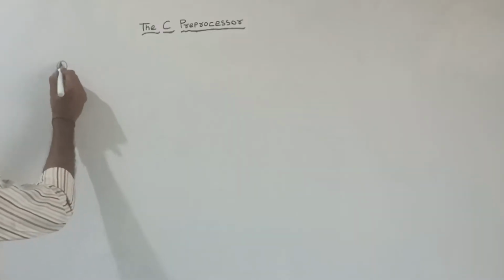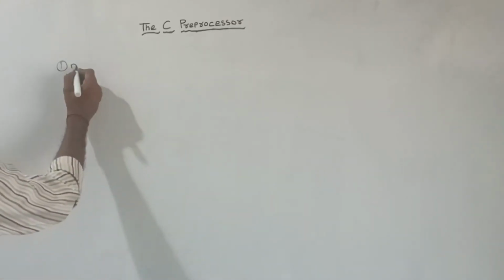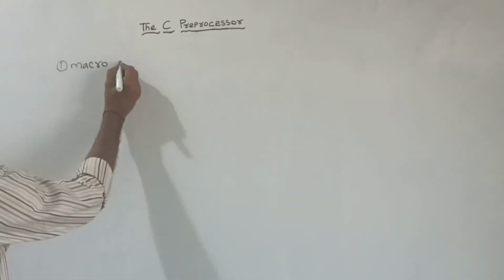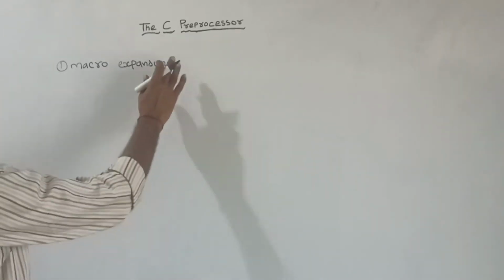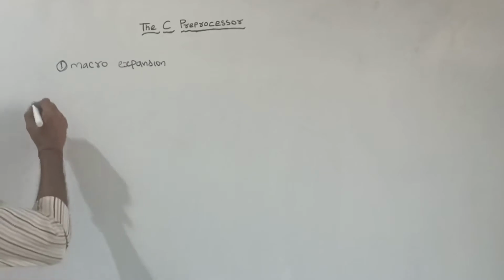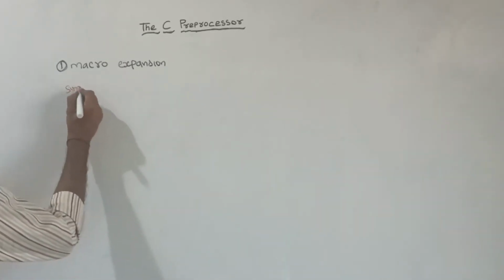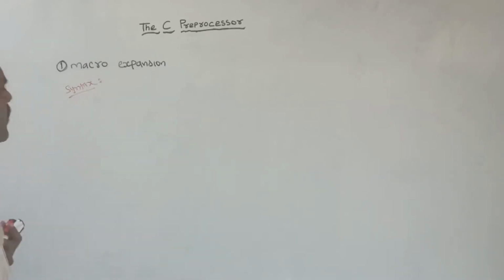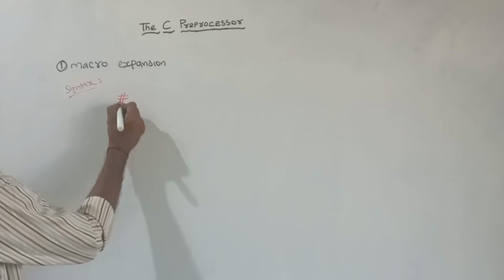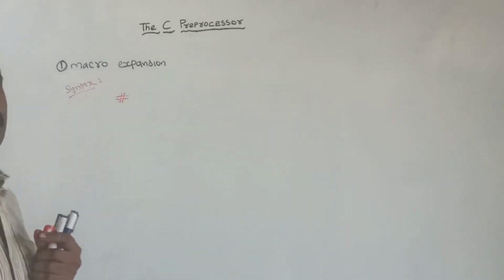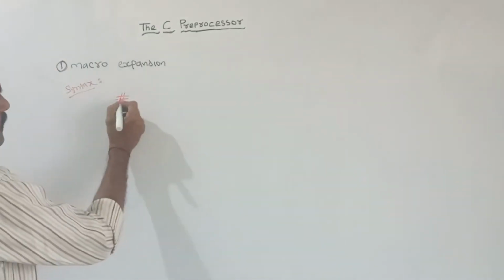The very first preprocessor directive is macro expansion or macro definition. The syntax of the macro expansion is here. Very first, this # symbol, because you already know the preprocessor directive starts with the # symbol.